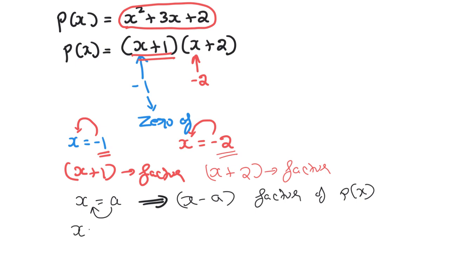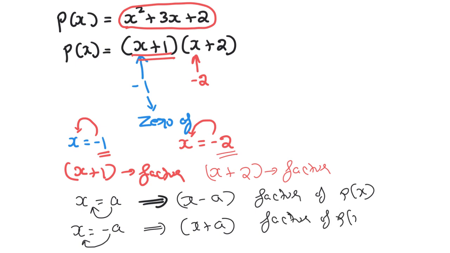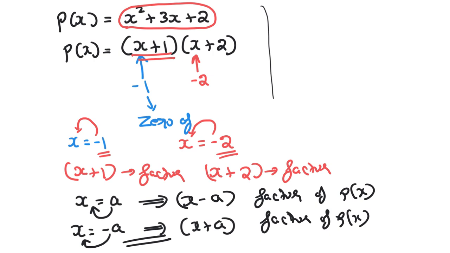If x is equal to minus a, bring the minus a here, can I say x plus a is a factor of the polynomial? Yes. So this is called factor theorem. But observe one more thing.